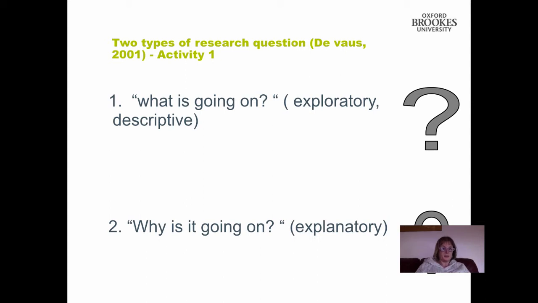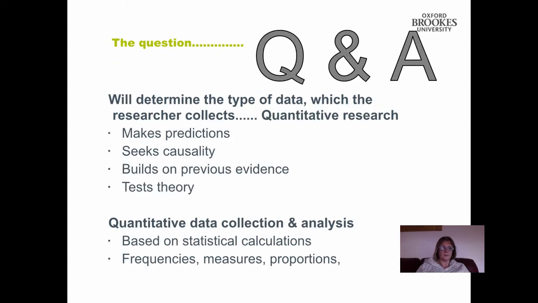Now, surveys are in fact descriptive and exploratory, and I think this is possibly where students sometimes get confused about surveys and consider them to be qualitative, which is understandable because they tend to be asking similar types of questions.